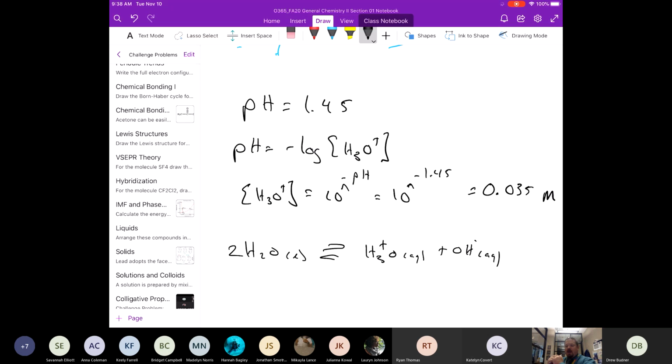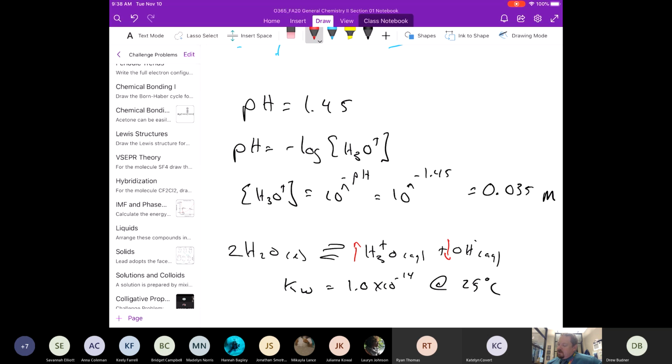Two water molecules can react to form the H plus and the OH minus. This equilibrium, as we call Kw, has a value of 1 times 10 to the negative 14th at 25 degrees Celsius. But it also means that because of this auto dissociation of water, if this value goes up, this value has to go down, right?